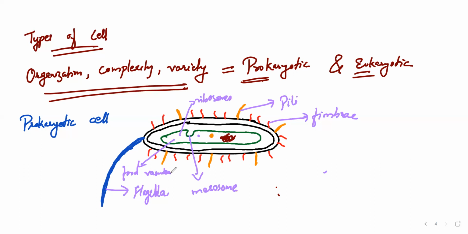Now if you see the structure over here, the black colored one and the green. The first one, this entire thing, is called what? Glycocalyx. Then in between you have the plasma membrane.